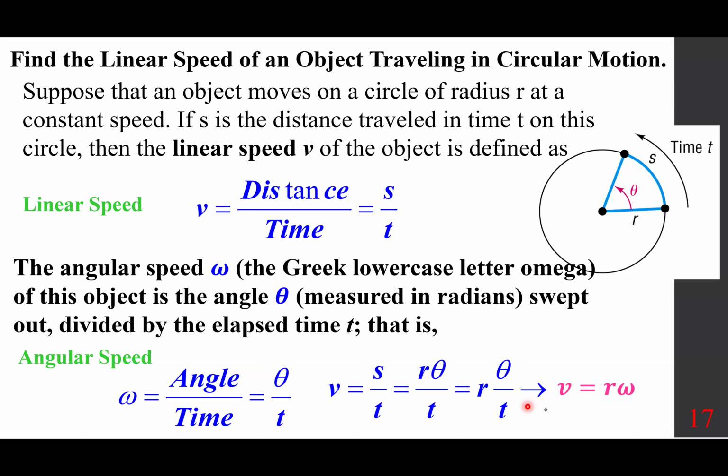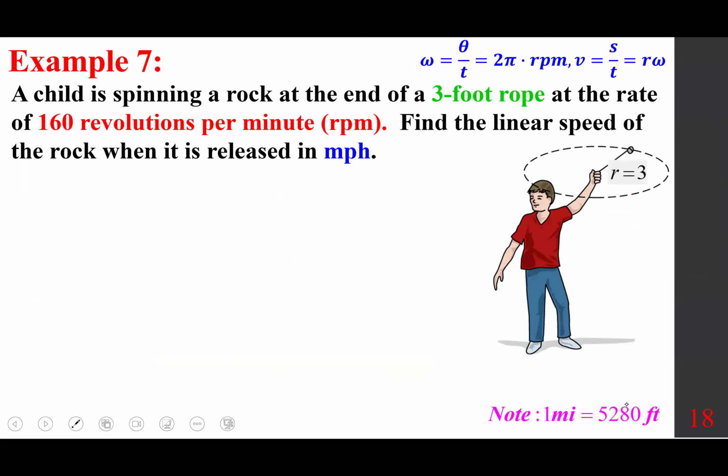So that's the relationship between linear speed v and angular speed omega. I wrote the formulas here. We can use whatever we need to use.